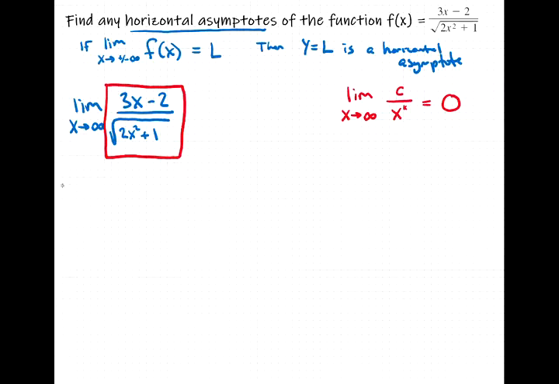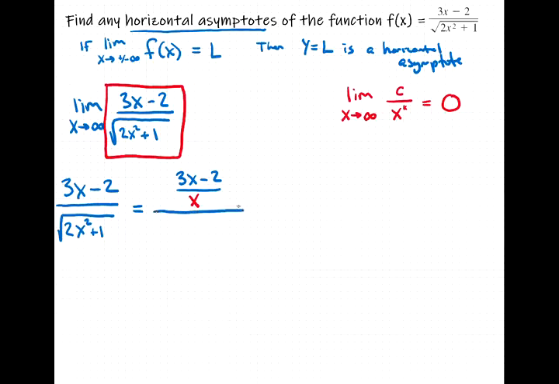So we'll say 3x minus 2 divided by the square root of 2x squared plus 1 is equal to 3x minus 2, and we will divide that by x.